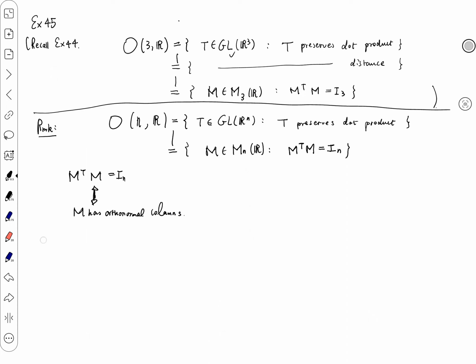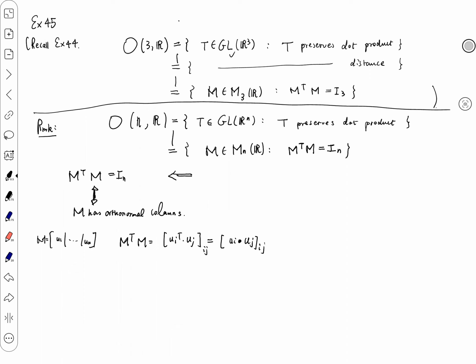Simply because if you write M as column vectors u1, u2, un, then M transpose M has entries ui transpose times uj, which is also the same as ui dot product with uj. So this equals the identity matrix if and only if the columns form an orthonormal basis.